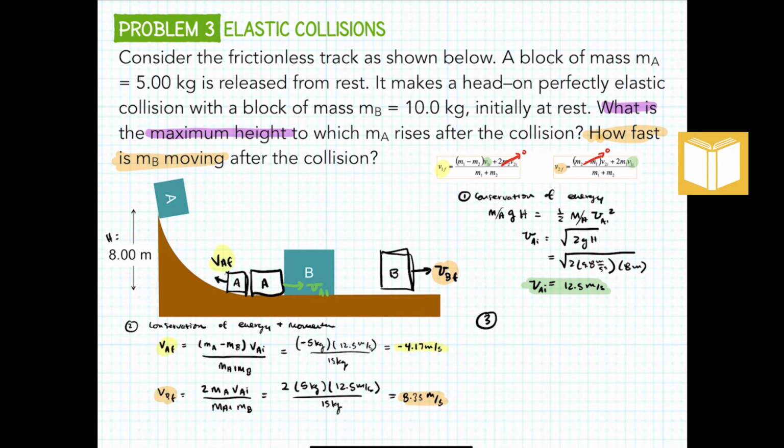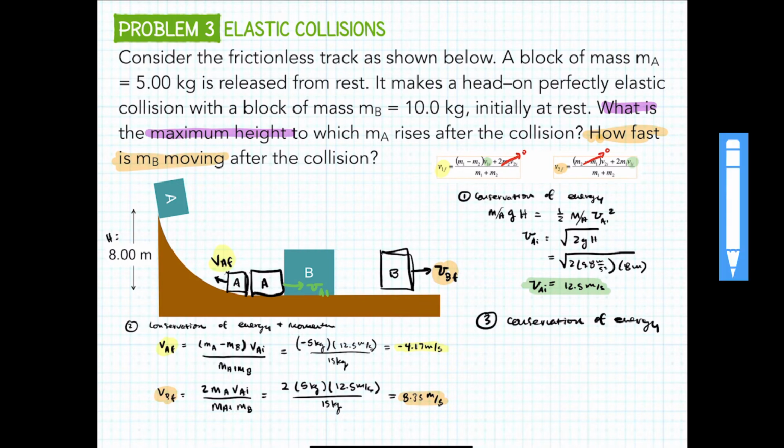So we now have the speed for block A, so we just need to turn that into a height, so we use energy conservation again. So that just says 1/2 mass A VA final squared is equal to mass A g, let's say lowercase h in this case. So the masses go away and we end up with h is equal to VA final squared divided by 2g. You can plug all that in.